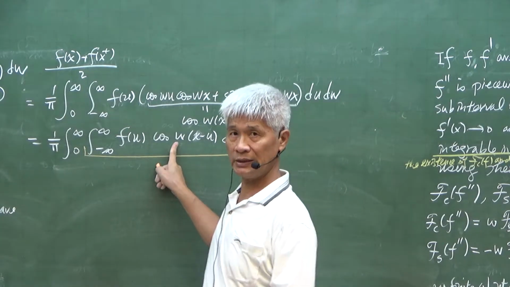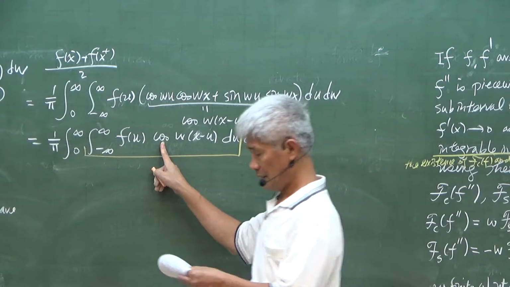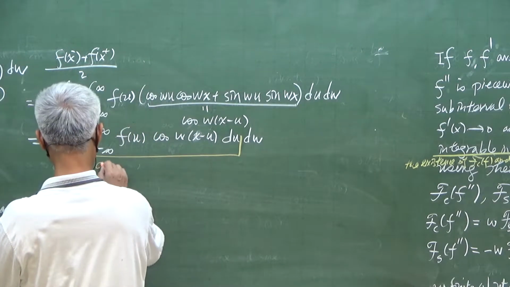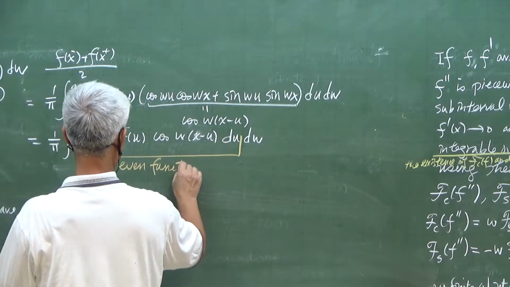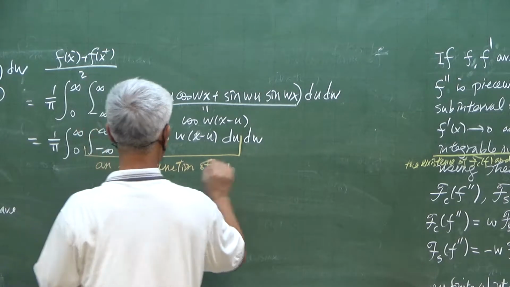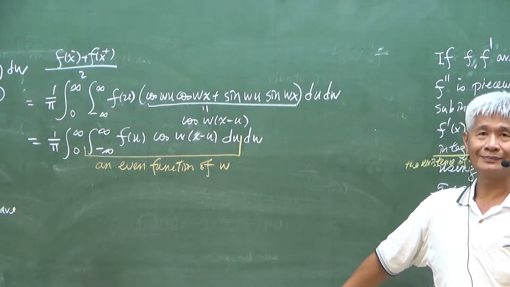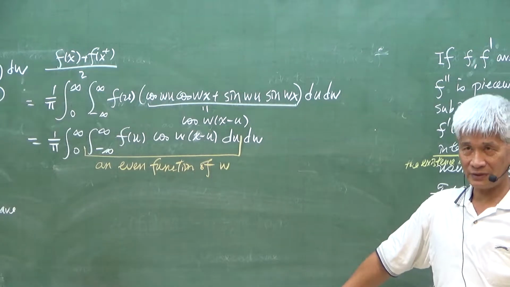And when it's a function of w, because cosine is even, this one is an even function of w. Right? It's an even function of w.